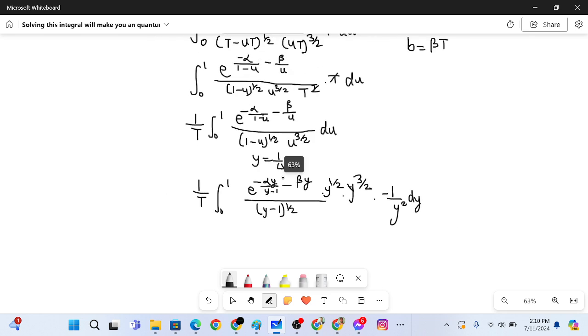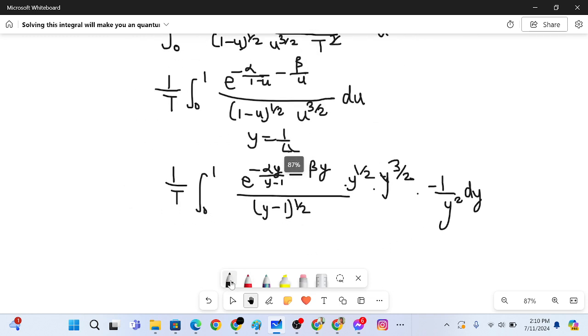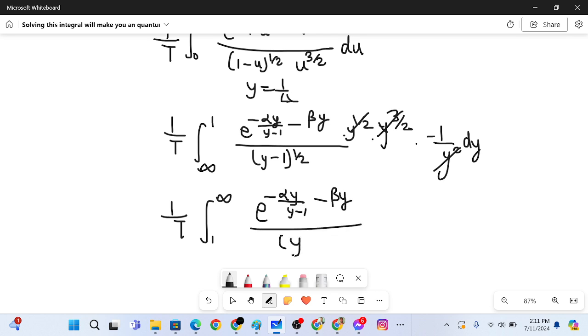Also, if I do 1 by u, the limits of the integral will change, so this will now be the integral from infinity to 1. Since the negative sign reverses the limits of the integral, we have 1 by t times the integral from 1 to infinity of e to the power minus alpha y by (y minus 1) minus beta y, over (y minus 1) to the power 1 by 2, dy.